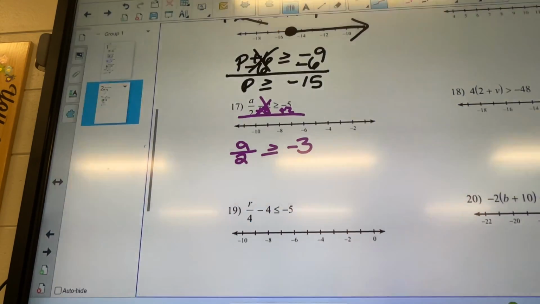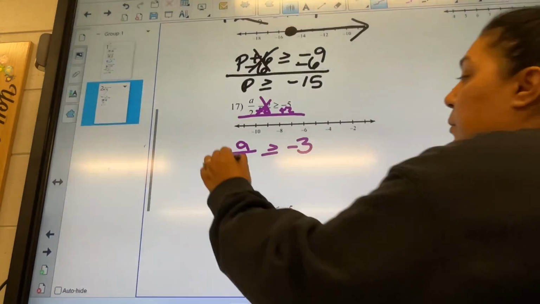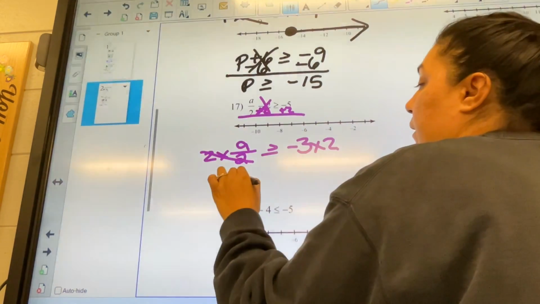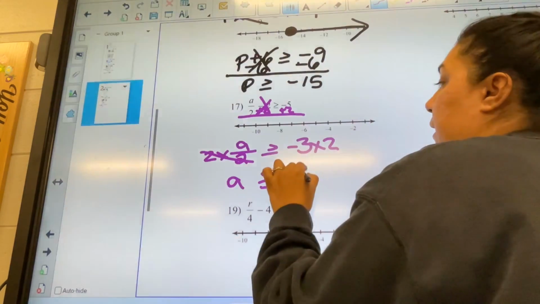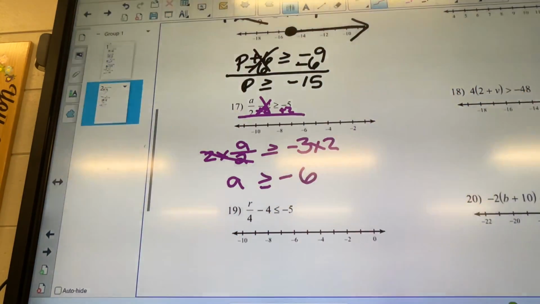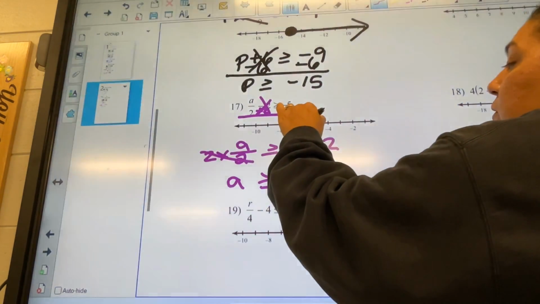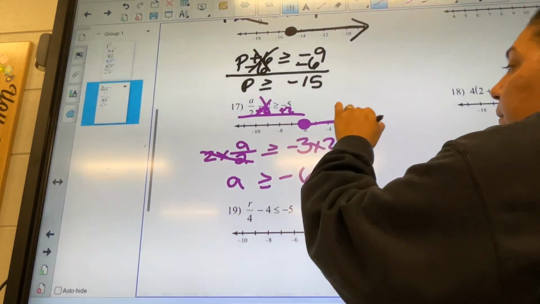The 2. How do I move that 2? I'm gonna multiply both sides by 2. We get A and a negative 6. Is that going to be an open or closed dot? Closed dot. Which way is it going? Towards the right.